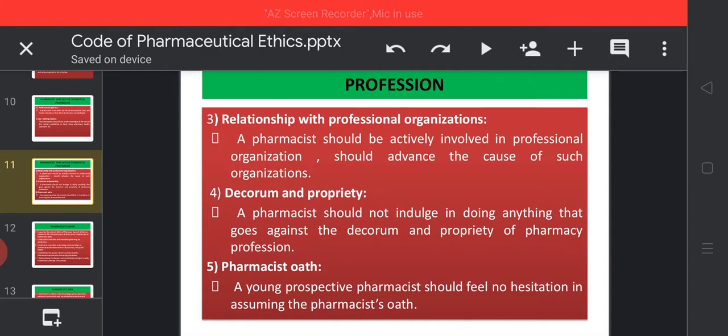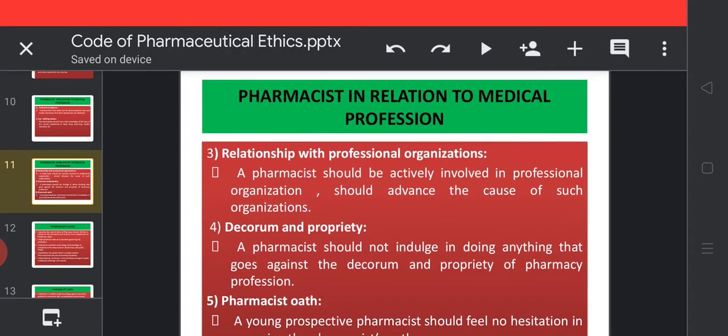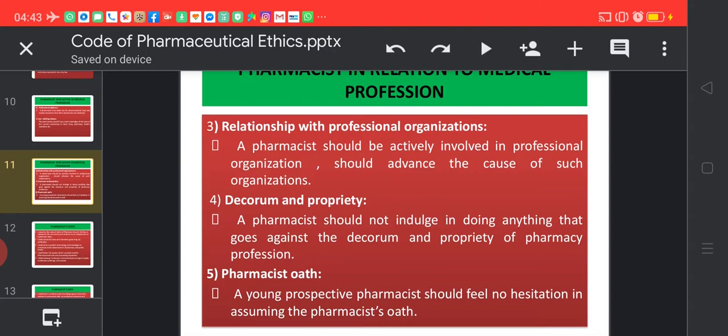We should advance towards the cause of such organizations. डेकोरम एंड प्रोप्राइटरी के बारे में जब हम बात करते हैं तो डेफिनेटली फार्मासिस्ट का बेसिक रोल है दैट दे शुड नॉट इंडल्ज इन डूइंग एनीथिंग दैट गोस अगेंस्ट द डेकोरम एंड प्रोप्राइटरी ऑफ फार्मेसी प्रोफेशंस.